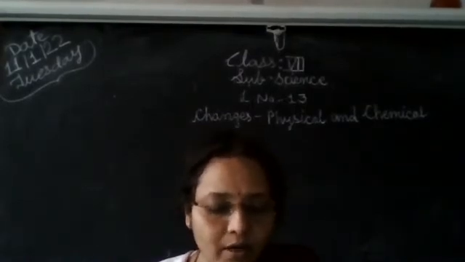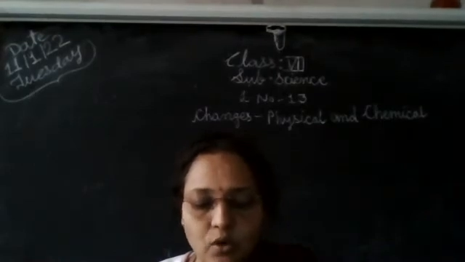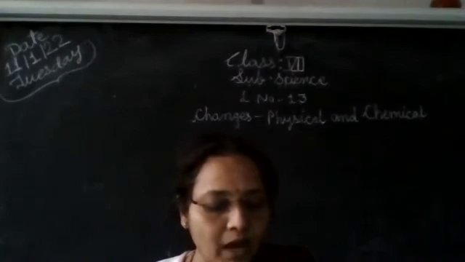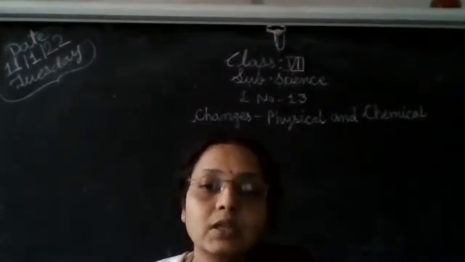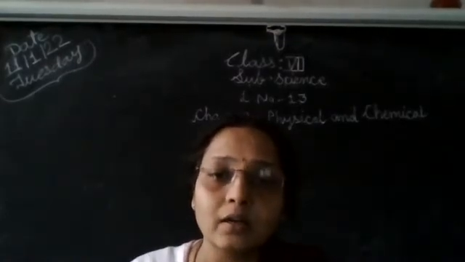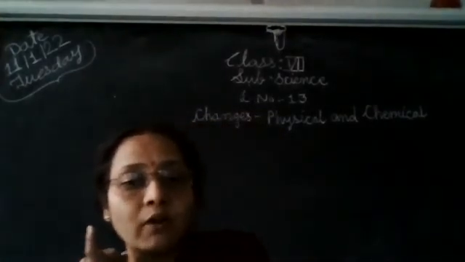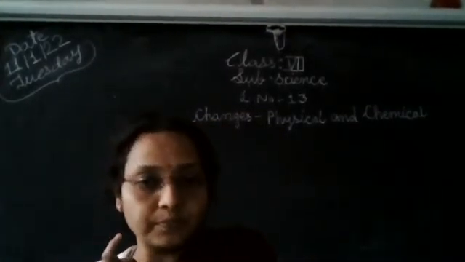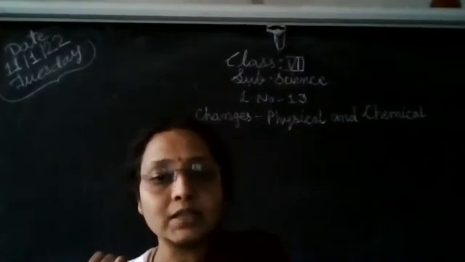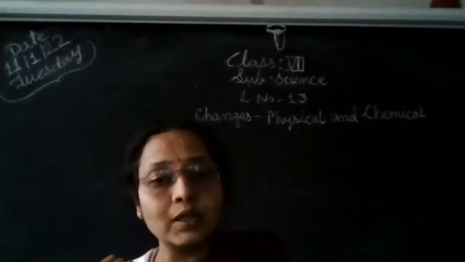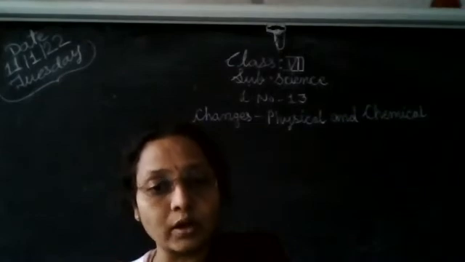We have learnt about the processes of dissolving, boiling, and melting. They are all examples of physical change. Boiling of water changes it into steam, and when you cool the steam, it changes again into water.